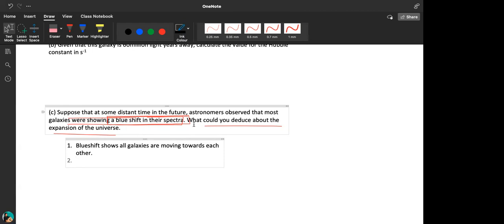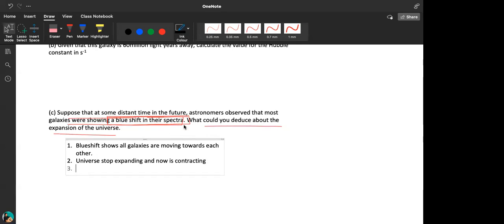Or if they ask what could be the reason the whole universe is showing blue shift, it could be that the universe stopped expanding and is now contracting, because of the gravitational force of everybody pulling on everybody.